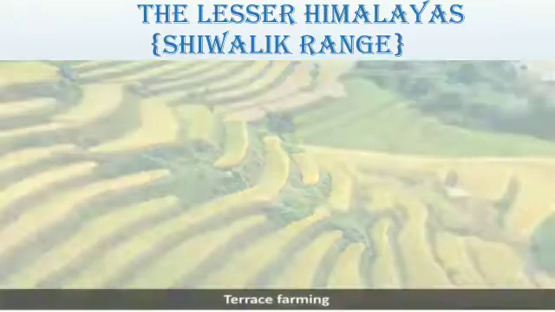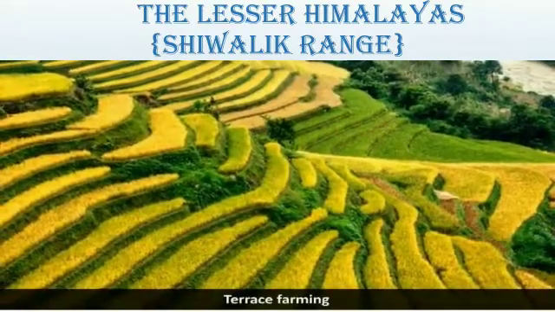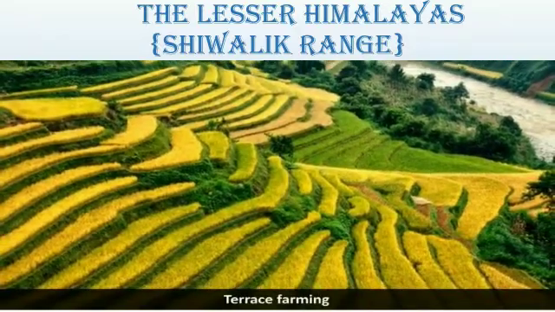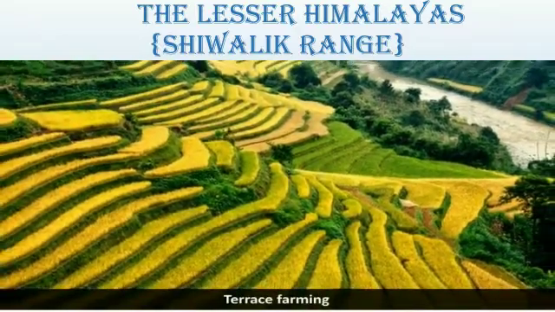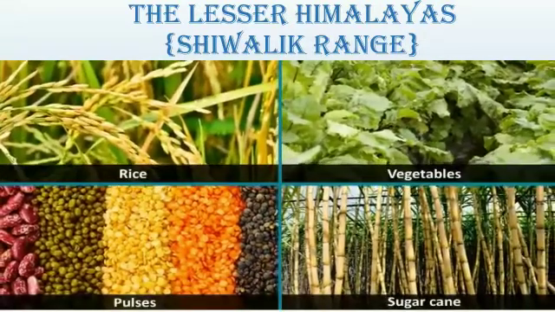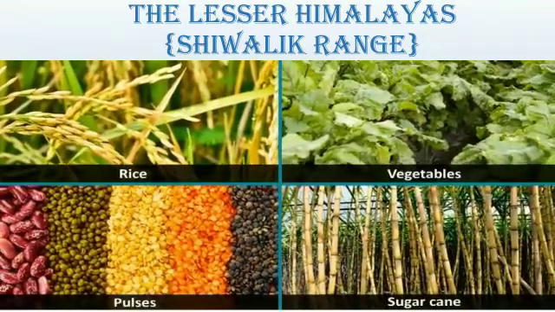Terrace farming is practiced on the slopes of this region. In this type of farming, the slopes of a hill are cut into steps and crops are grown on them. This region is well suited for growing rice, vegetables, pulses, and sugarcane.